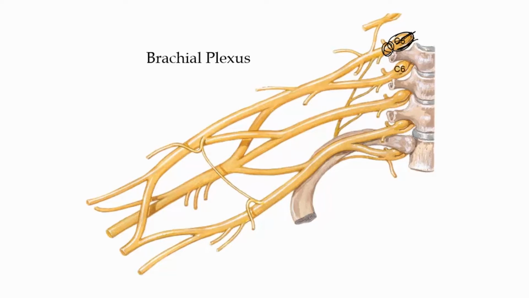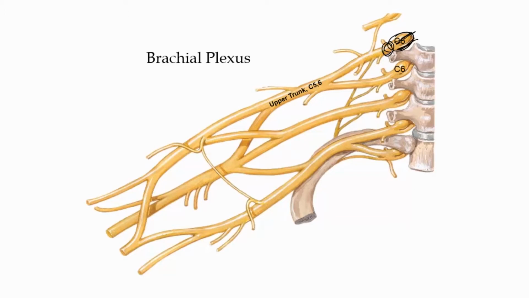We then have the same for C6. Those two will join together. The fibers will get wrapped up and form what's called the upper trunk. So this is the more superior of the trunks, so it can be called superior trunk or upper trunk, again, formed from the union of C5 and 6 spinal segments.